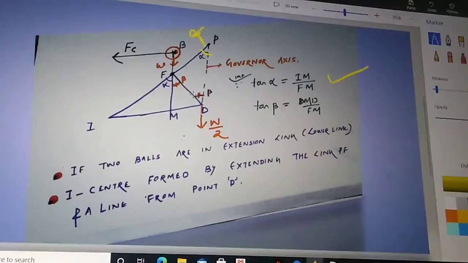Now beta. With the governor axis, if we construct a line through the points F and D, this is FD, and this angle will be beta. If this angle is beta, this angle is also beta. So tan beta will be MD divided by FM.